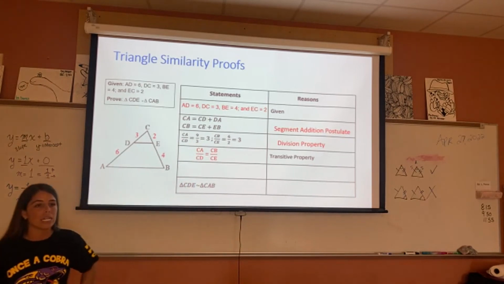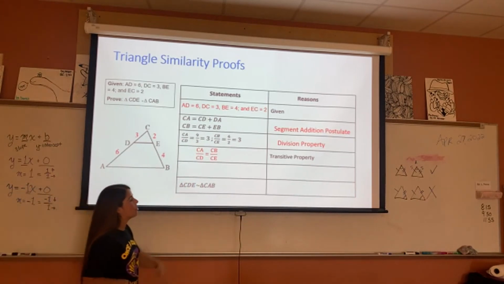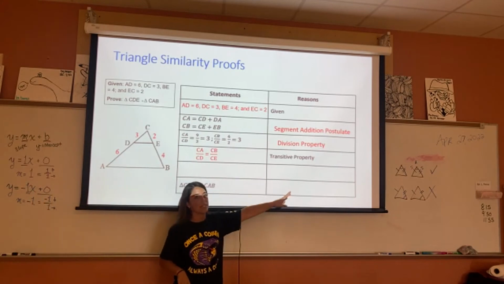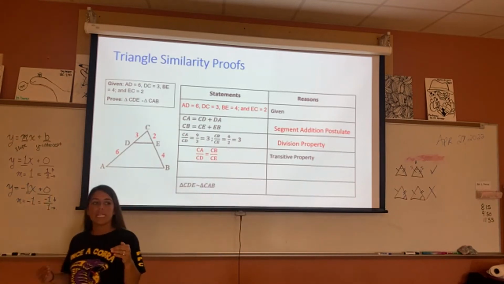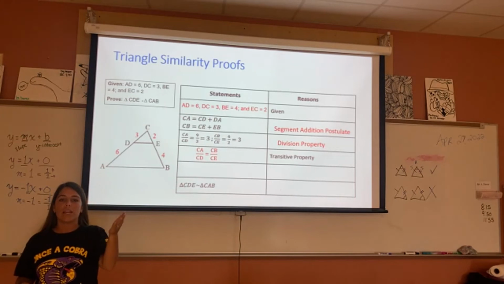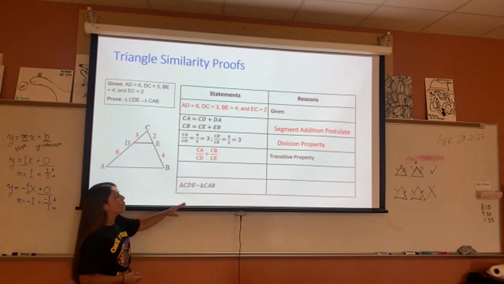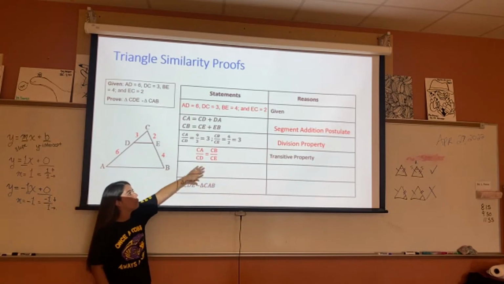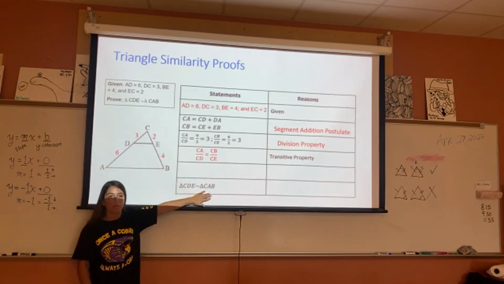The next part, I know this part is when it gets scary, when you have no statement and no reason. Look at this point at what you already know and then compare it to what you still need to figure out. Here, hopefully you recognize we only have one more step before we have to prove these two triangles are similar.